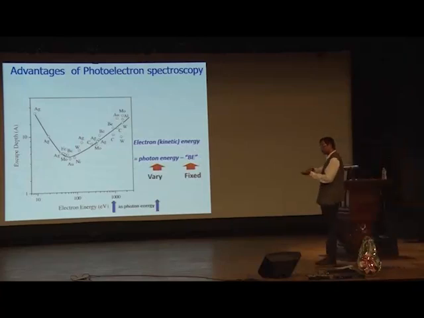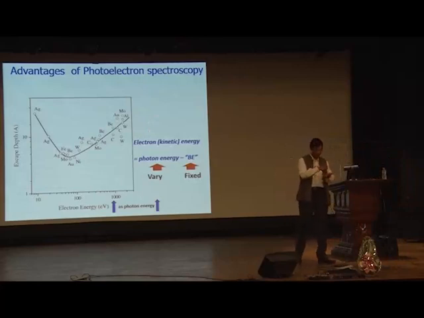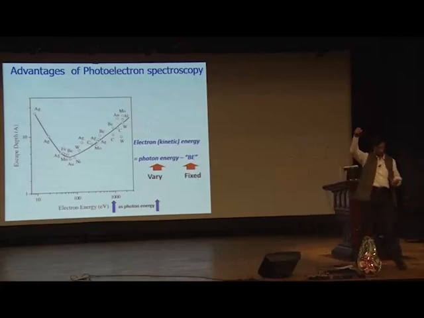Now, I told you that the photoemission process is the absorption of a photon and the electron coming out with a certain kinetic energy, and you detect this electron out in the vacuum. But the electron in the first step gets produced somewhere deep inside the material, right? Because the photon penetrates into the material, the electron gets excited somewhere inside, and then the electron has to travel through the material and then come out.